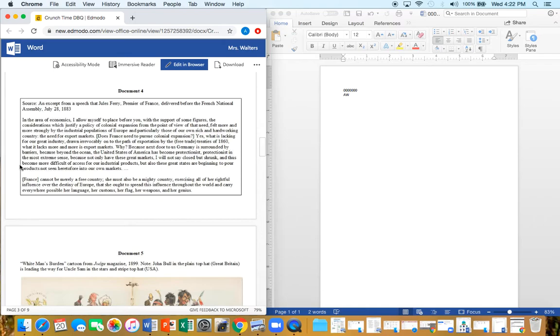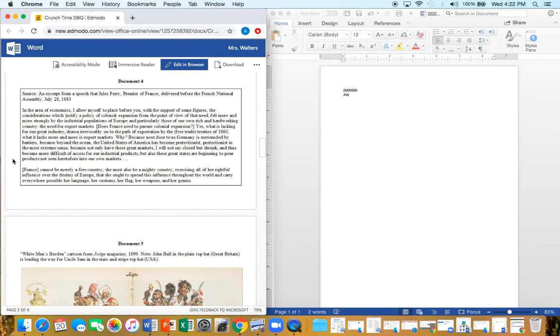Document 4, an excerpt from a speech that the Premier of France delivered before the French National Assembly. In the area of economics, I allow myself to place before you, with the support of some figures, the considerations which justify a policy of colonial expansion from the point of view of that need, felt more and more strongly by the industrial populations of Europe, and particularly those of our own rich and hard-working country, the need for export markets.